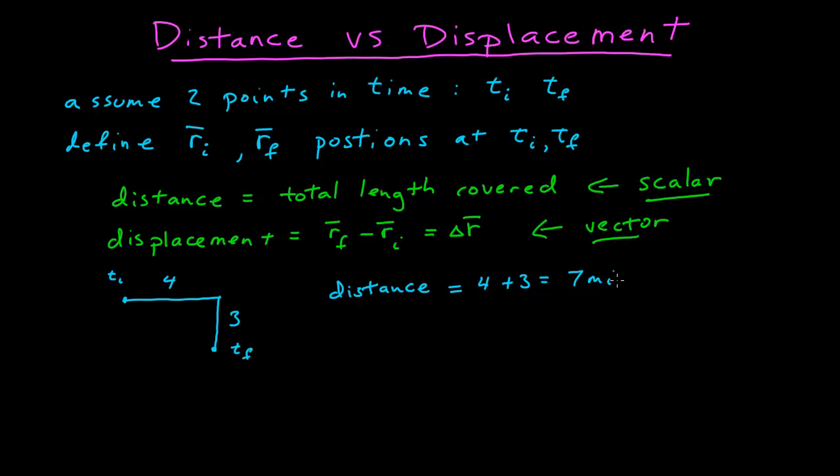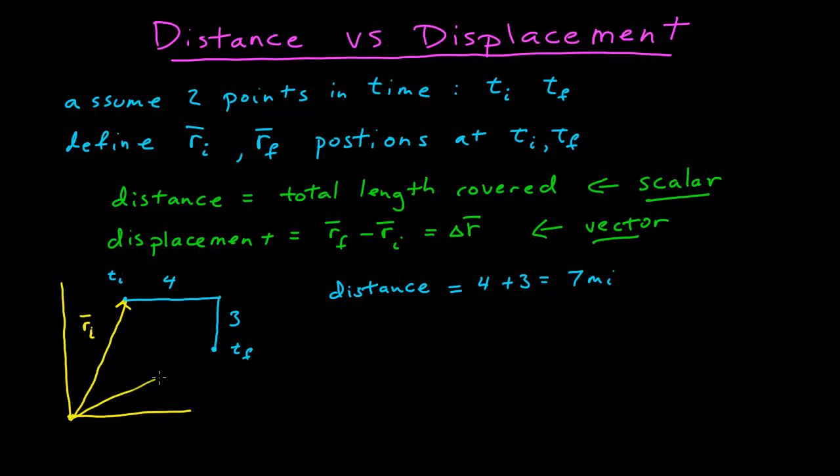The displacement now is a difference between two vectors. So first, if we want, we can set up a coordinate system here, and we can be anywhere. So I'm going to set it down here just to get it out of the way. And so I can have an initial vector, the initial position at t initial, r sub initial.